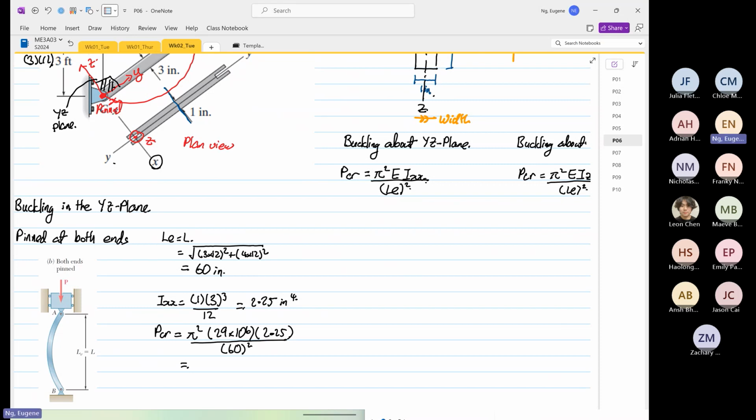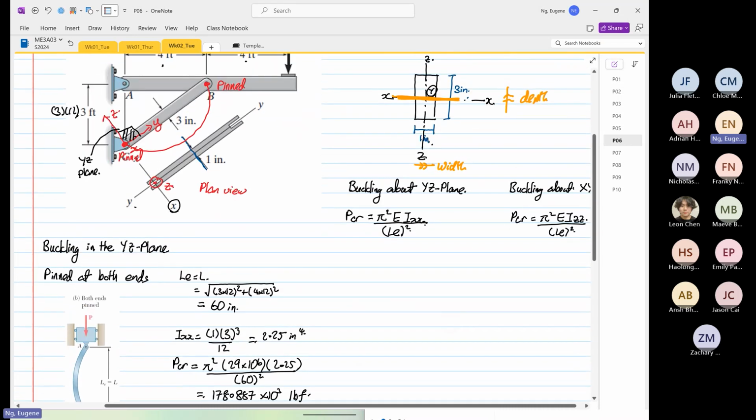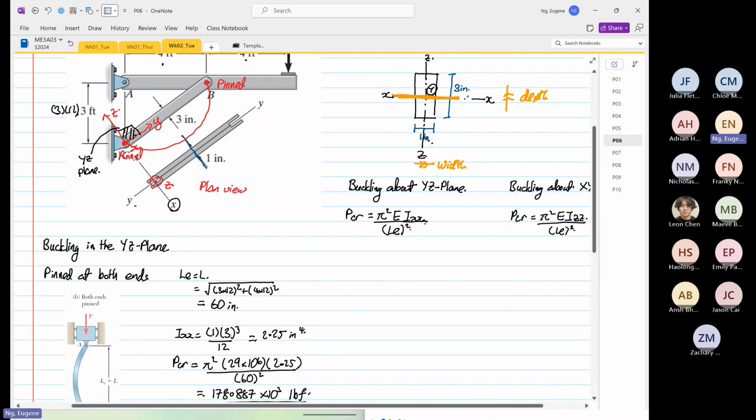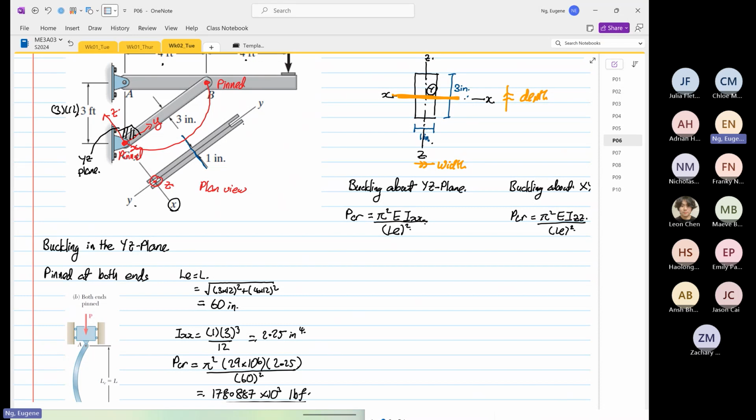So in the XY plane, the answer is 178.887 times 10 to the power 3 pound force. Okay, that is buckling in the YZ plane. Now, the next thing we're going to do is we're going to look at buckling in the what? In the XZ plane. So buckling in the XZ plane, in the XY plane is going to look like this.